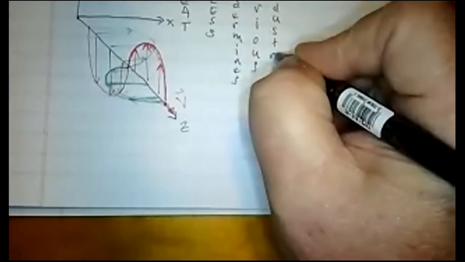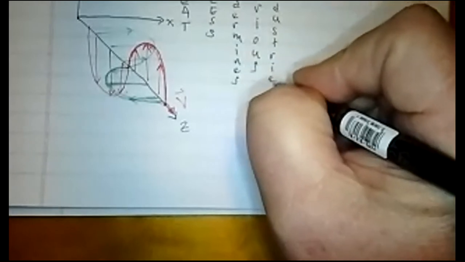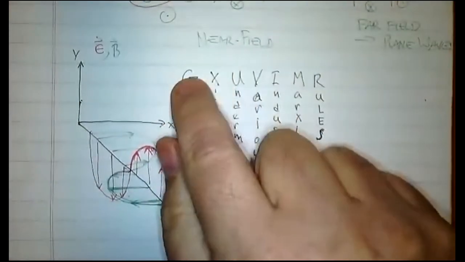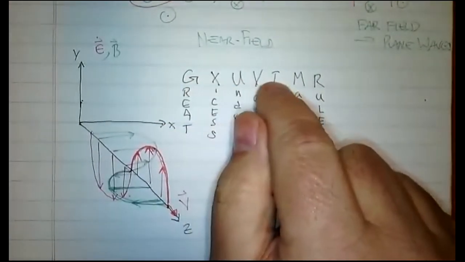It's actually hard to write vertically when you're used to writing horizontally. Marxism rules. Obviously, I don't believe that, but still, the point is that that is the parts of the electromagnetic spectrum. Great excess undermines various industries. Marxism rules.